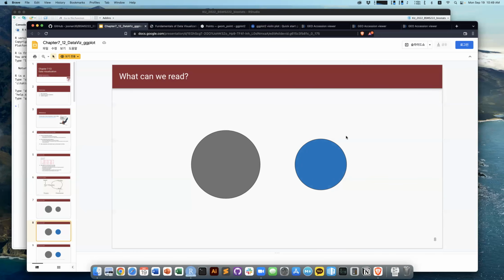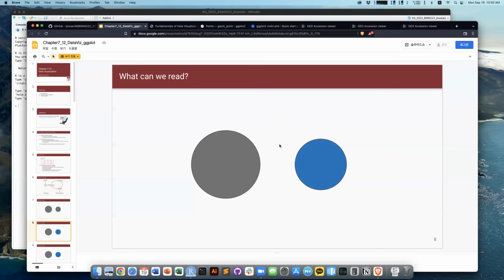Okay, so colors here added one more layer. Layer means a dimension, which describes another piece of information about the data points, right? So the circles here indicate that they belong to the same entries, but differentiating colors give you different groups, right?